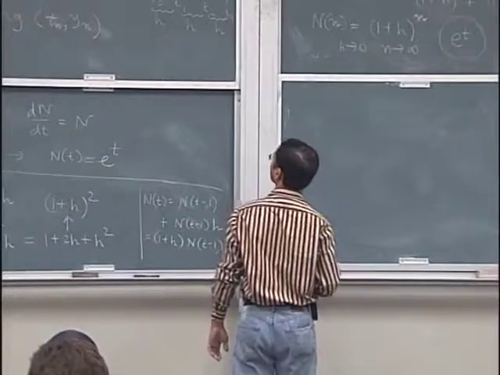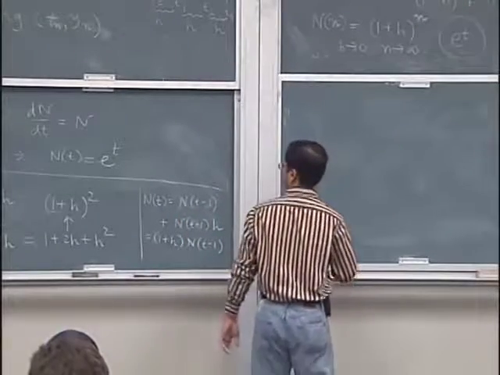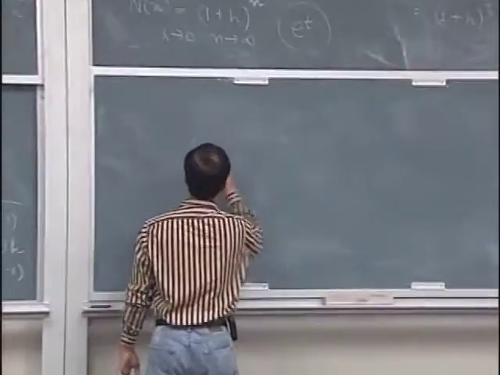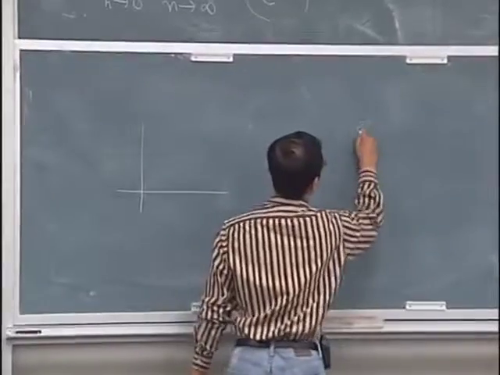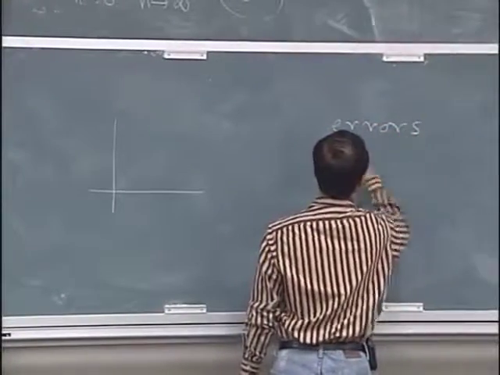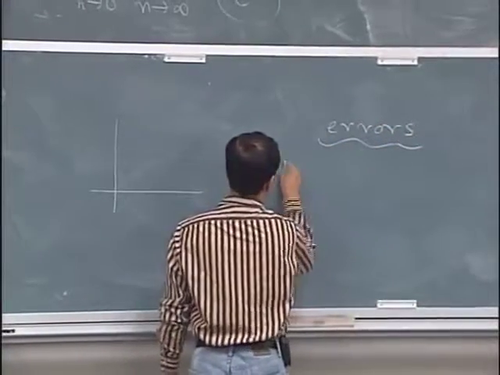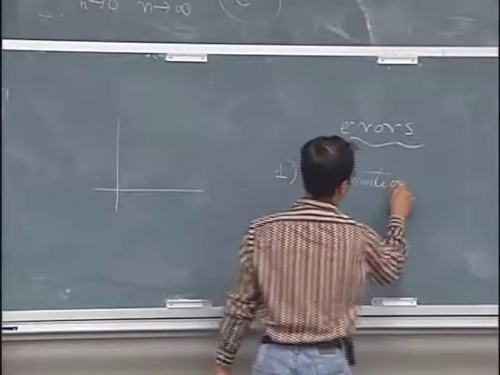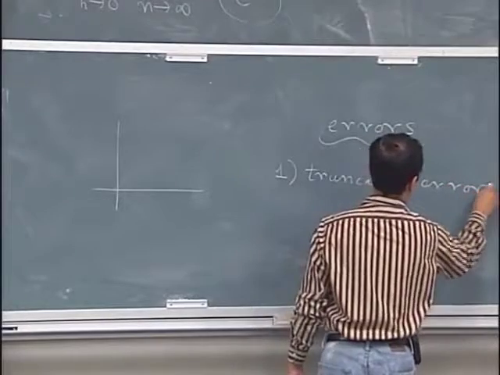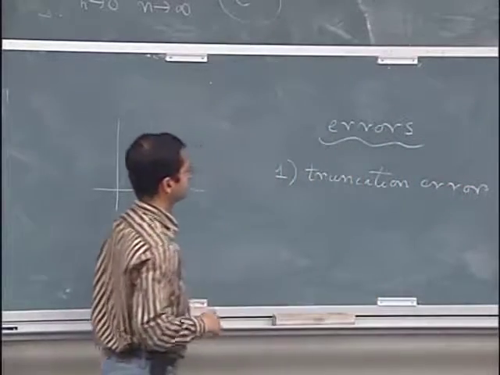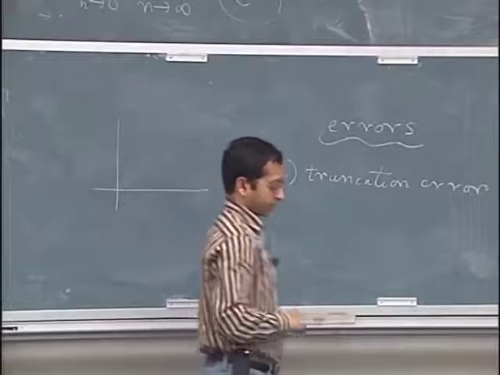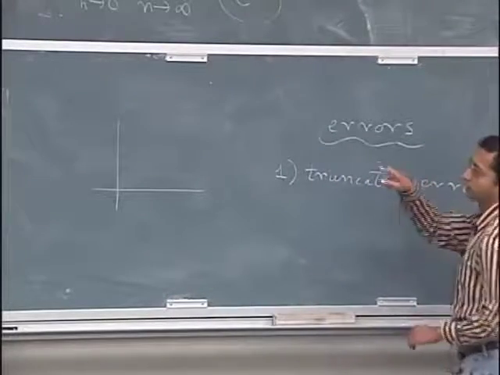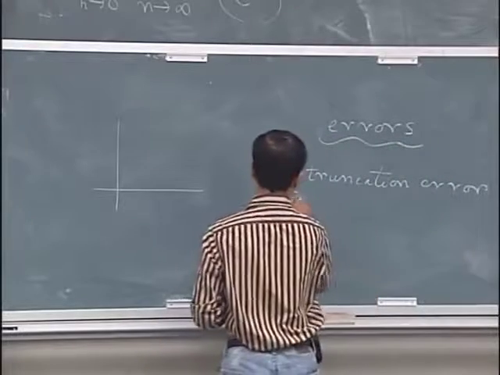Let me see. So there are two kinds of errors in the system. One is truncation error. And that arises because of the Euler scheme, which I described here.